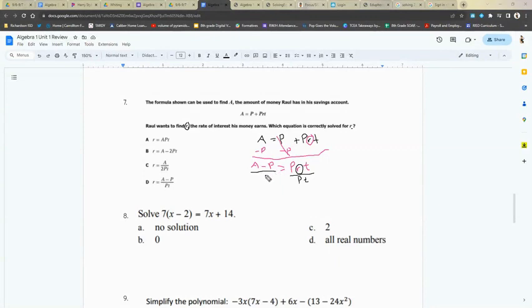And the inverse of multiplication is division. Okay, cancel this out. And we know that A minus P divided by PT equals R.